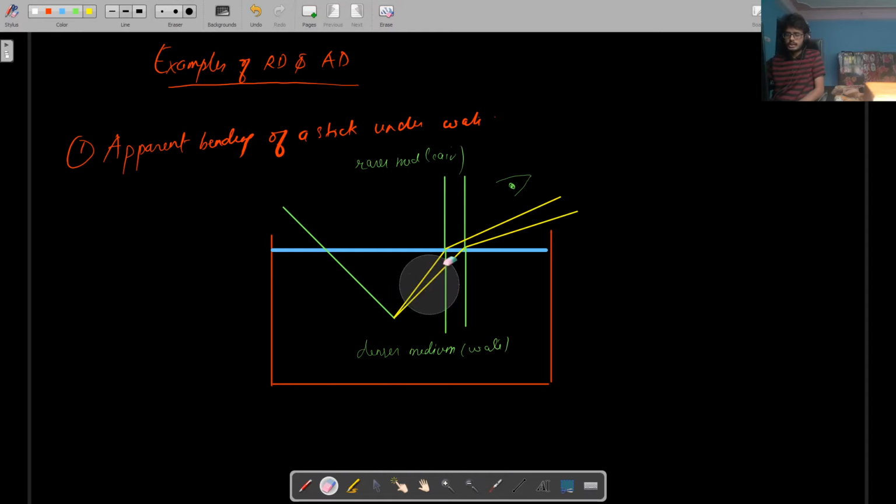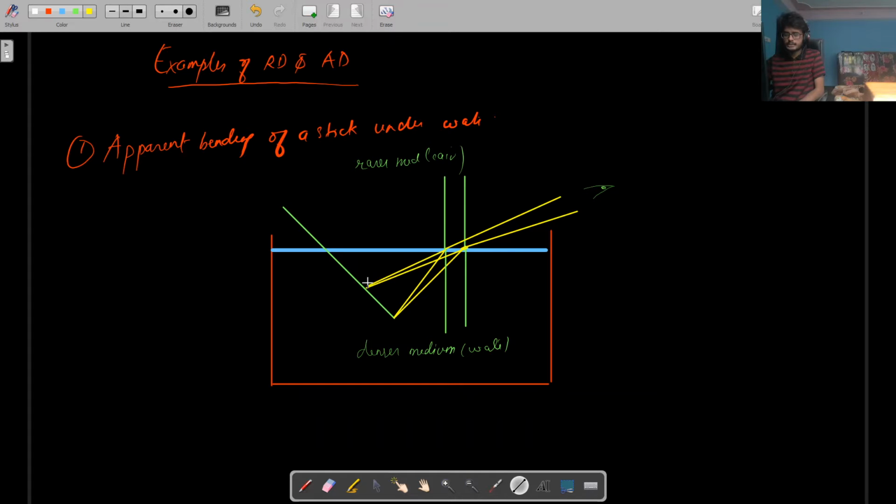Now I'll change the eye position. So my eye is somewhere here now, watching it here. Now if I produce this line backwards, I'll find that these two lines come and meet somewhere here.